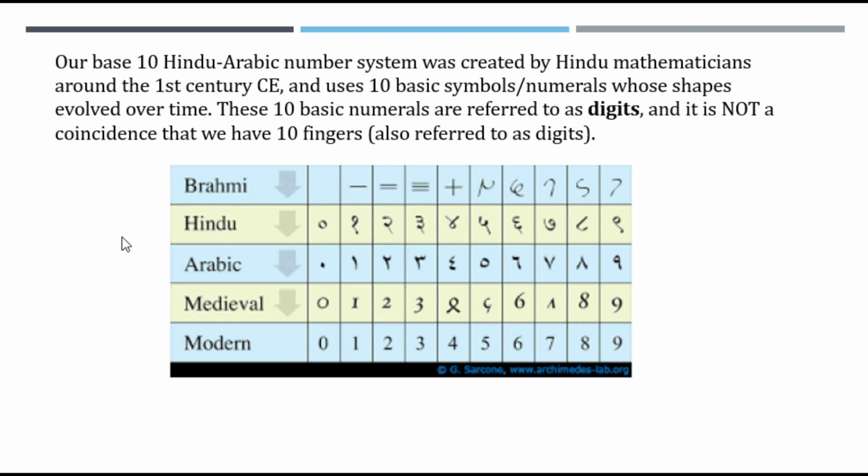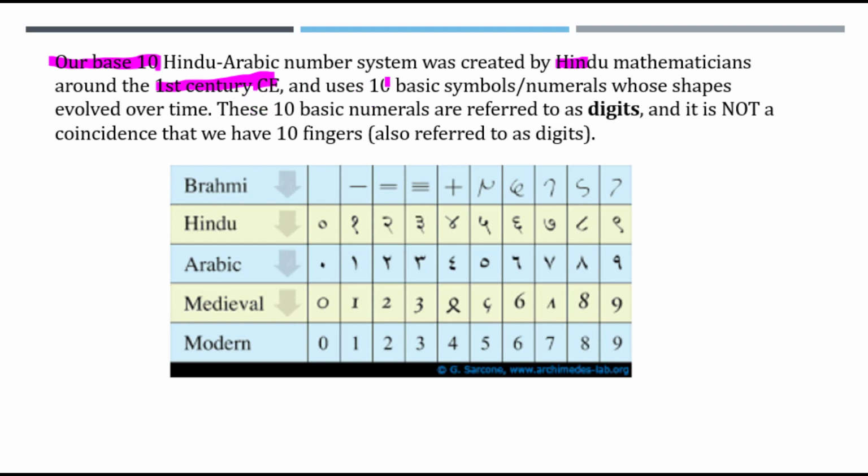So here's the reading, just a little historical note. Our base 10 place value system, what we use today, was created by Hindu mathematicians in the 1st century of the Common Era. They use the Common Era now instead of AD.